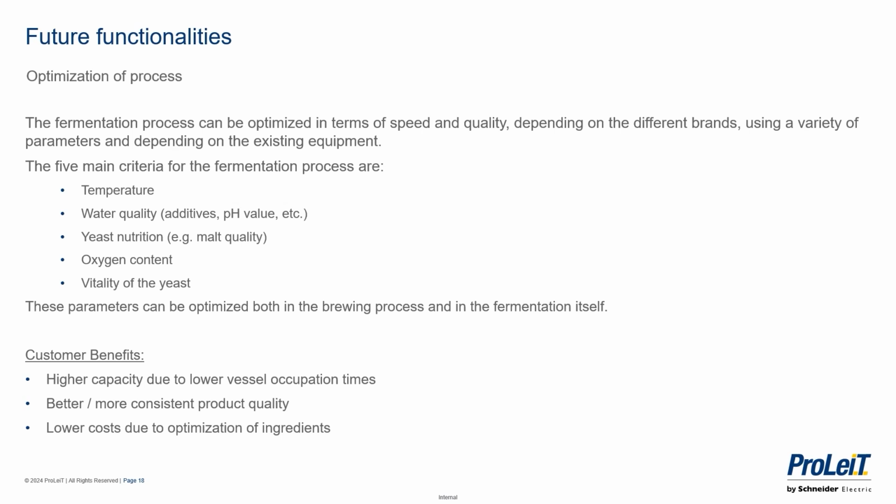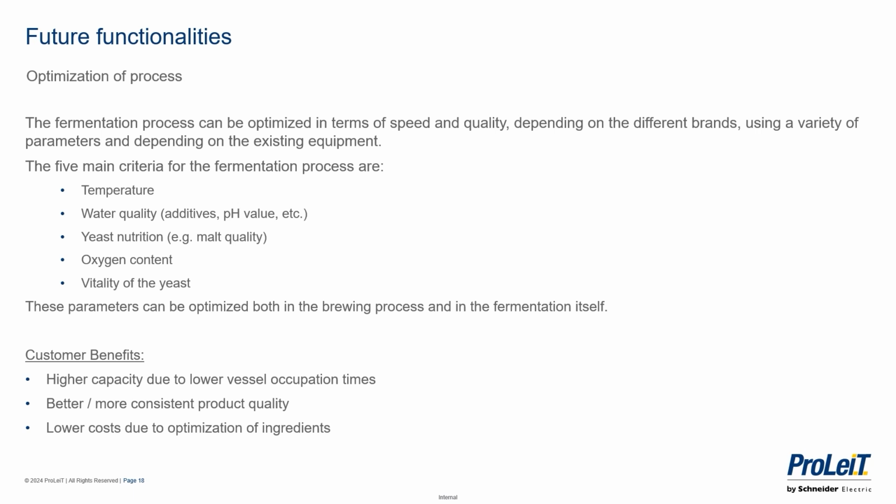Yeah, and with all this data you have available, the next step is to optimize the fermentation process, because as you probably know as a brewmaster, there are 5 main criteria for the fermentation process. It's the temperature, it's the quality of water, it's the yeast nutrition, so means the wort quality, the oxygen content, and the vitality of the yeast.